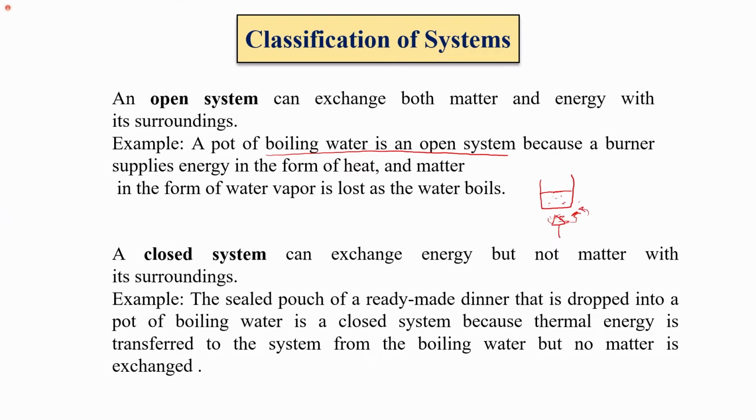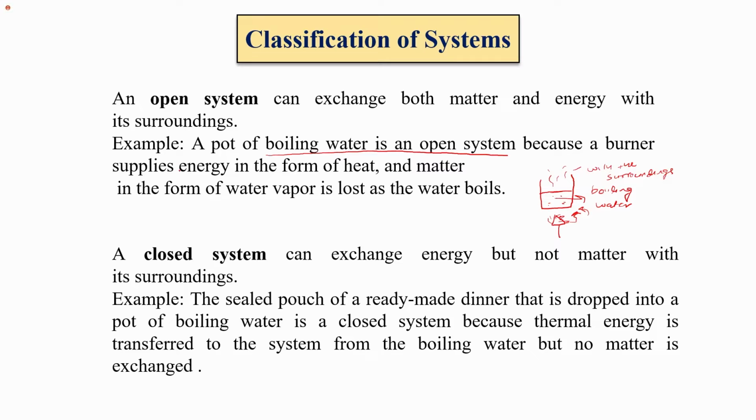Next, this is the boiling water. Now vapor formation will take place and vapors will get exchanged with the surroundings. So this kind of system is called an open system, where both matter as well as energy are exchanged between the system and the surroundings.